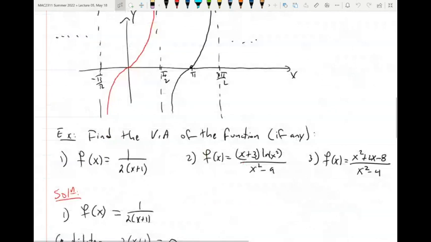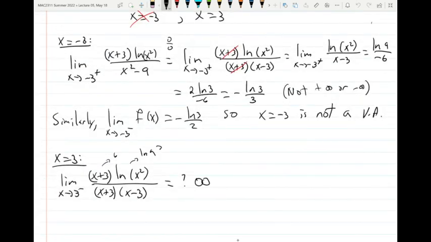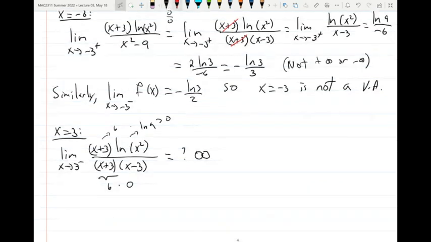So that means 6 times ln of 9, the top, is a positive number. Now the bottom, what is this? You approach 3, and that's positive, that would be a 6, so that's 6 times 0. That's the reason why we know that we're going to get an infinity. Now we're wondering, is this 0 positive or negative? Well, we know that x is approaching 3 from the left this time.